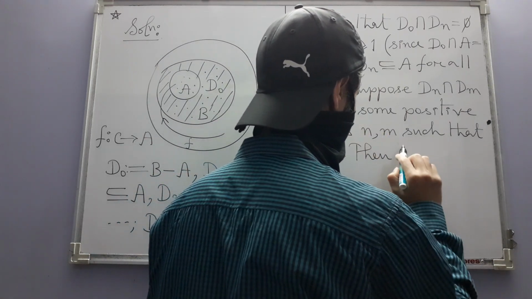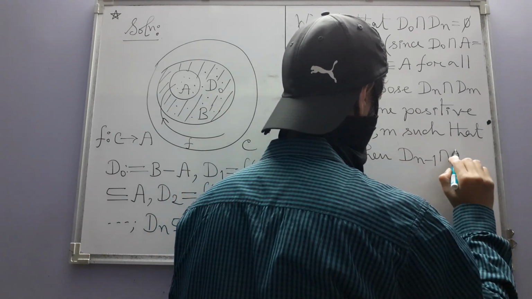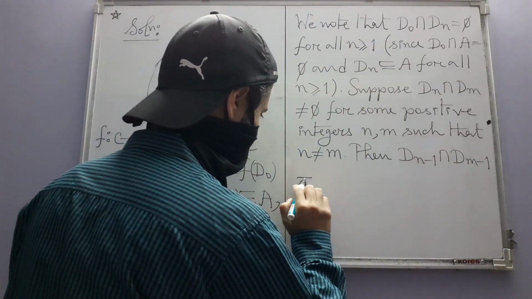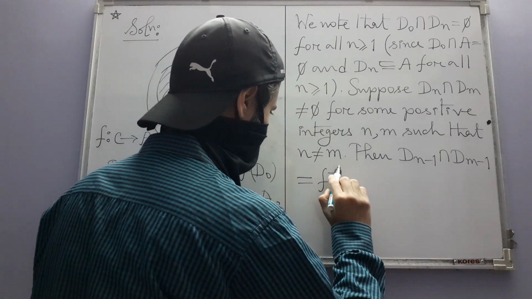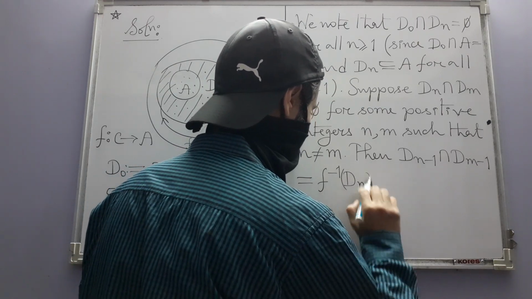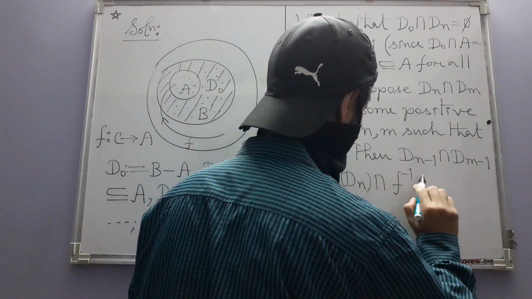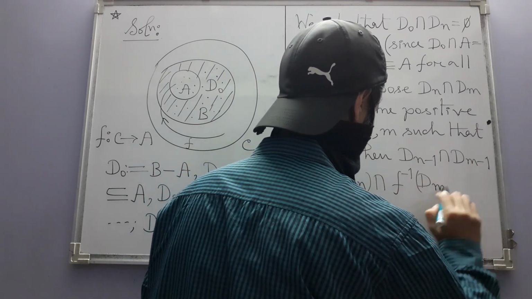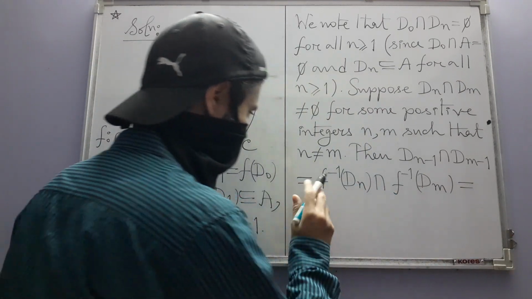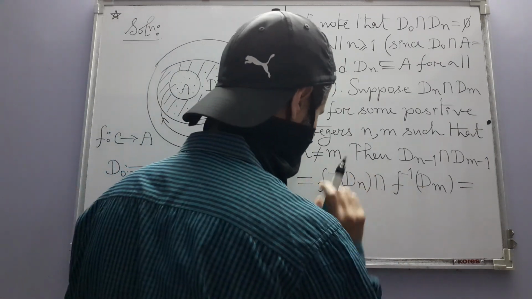Then Dn minus 1 intersection Dm minus 1 is equal to the inverse image of Dn under F intersection the inverse image of Dm under F. Okay, but we already know how such inverse images behave with intersection.